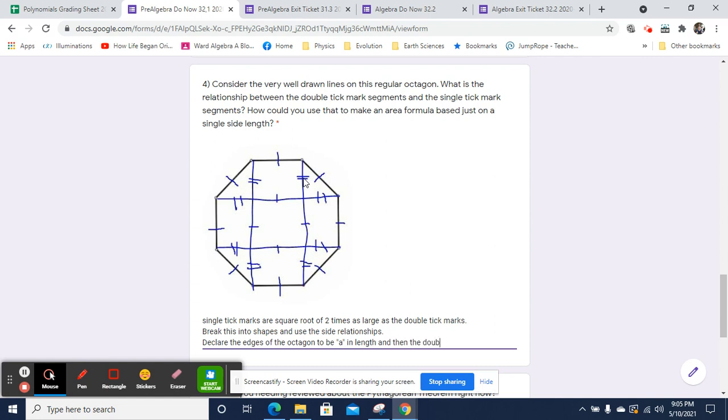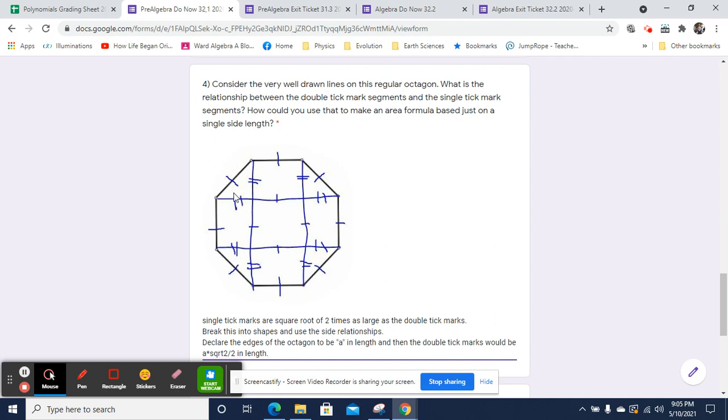Then the double tick marks would be A square root of 2 over 2 in length. Okay, I'll put that in parentheses. Actually, I'll just put the multiplication star there. Okay, and so we've got 1, 2, 3, 4 little right triangles.